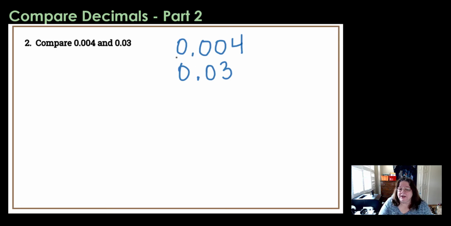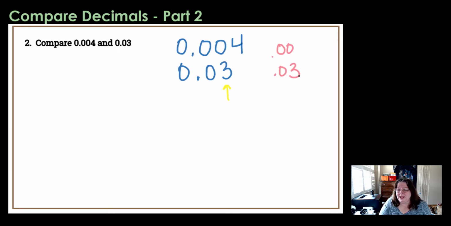Let's start from the left. Look at the highest value we have, which is the hundredths place. Over here we have 3 hundredths. Here we have 0 hundredths. 3 hundredths and 0 hundredths. The tenths were the same. That's why we went to the next place value.